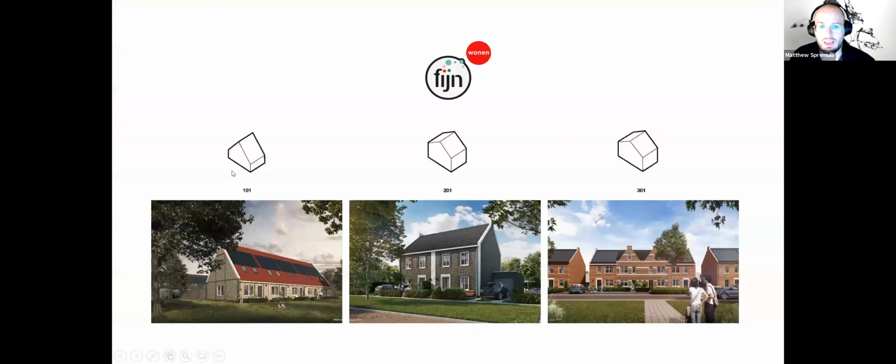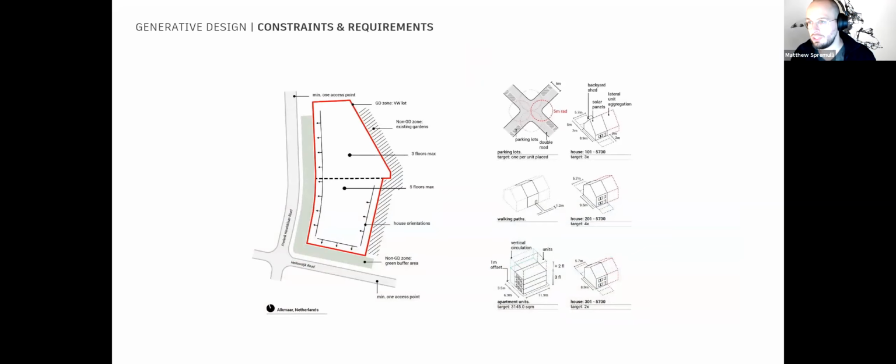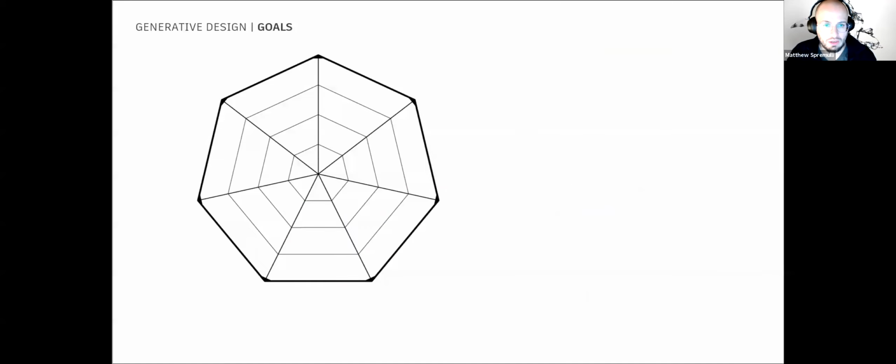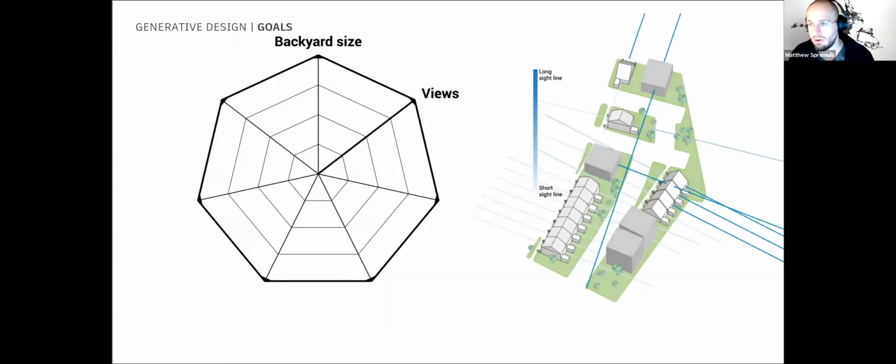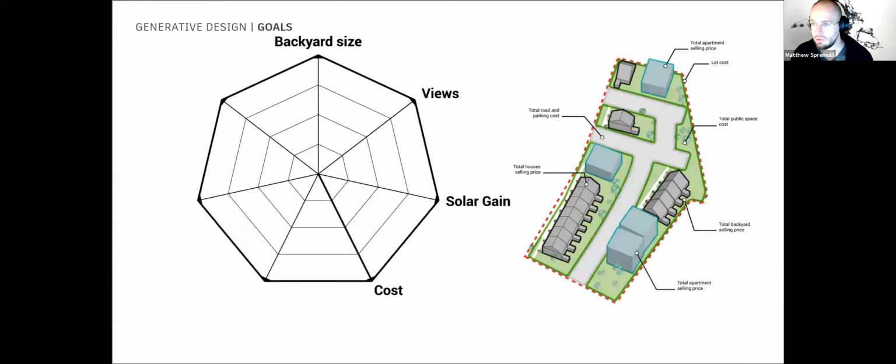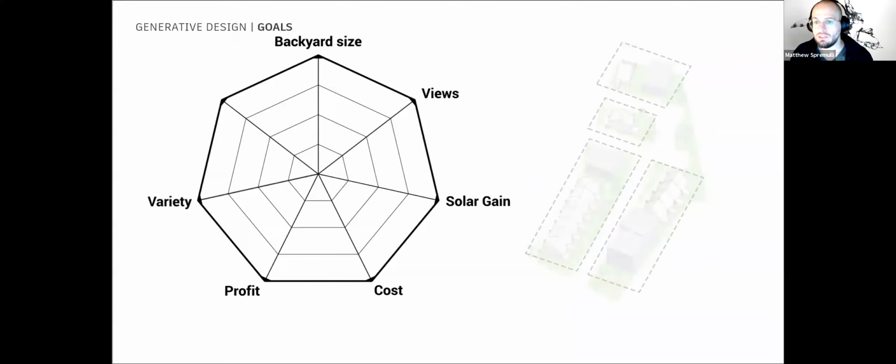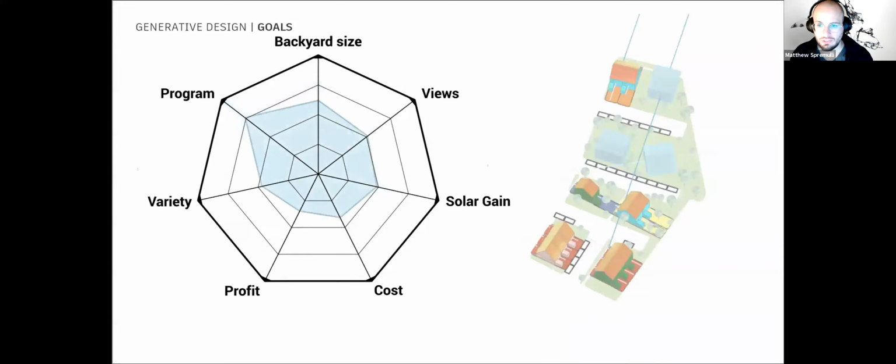So we needed to understand, like the Autodesk office, what are the constraints? What can we not touch? And what are the things that we need to stay or stick with? So in this case, like before, we also came up with goals, and we had to find ways to measure those goals.